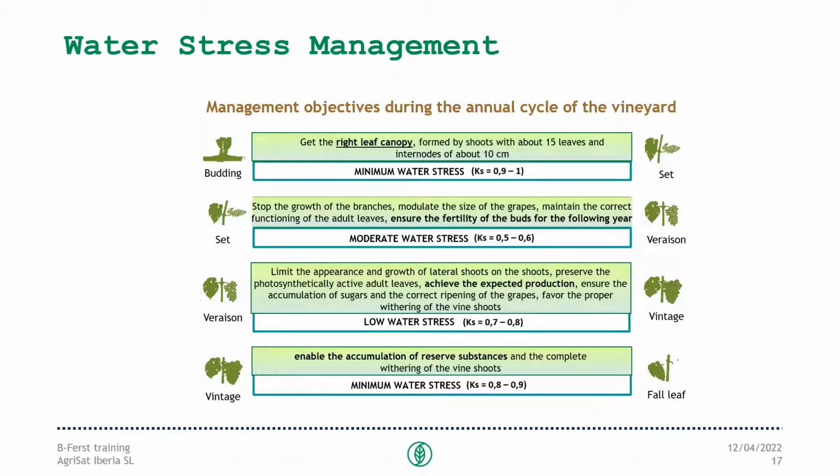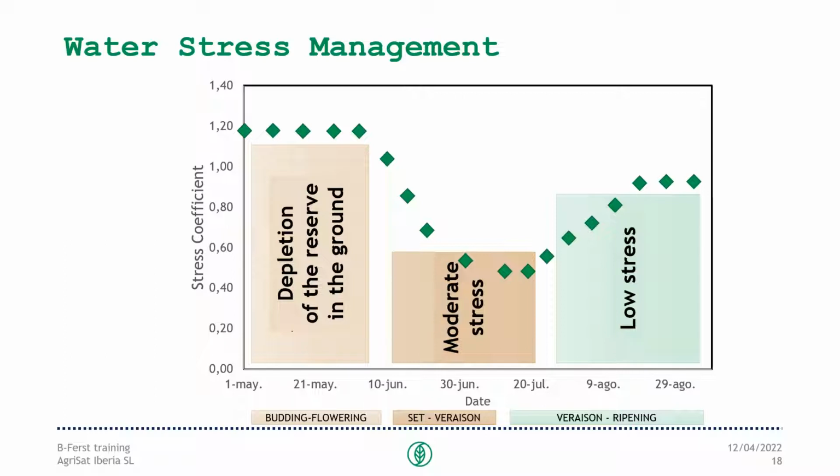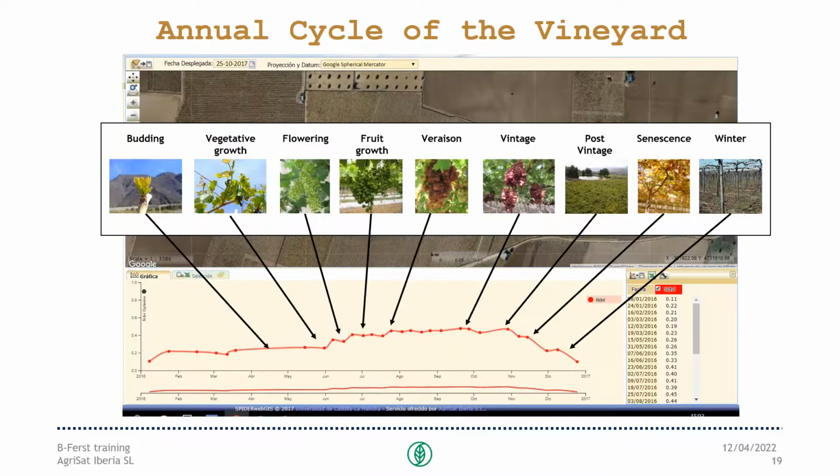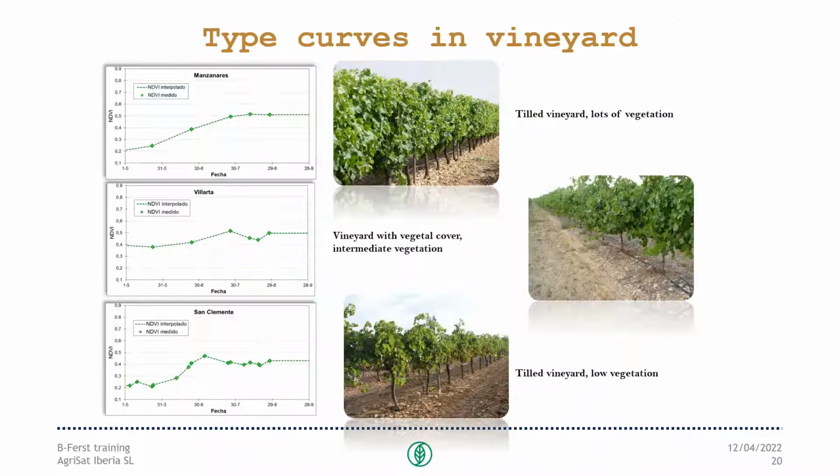Just adapting the stress coefficient to the stage of the crop, thanks to the fact that the NDVI evolution curve allows us to know the stage of the crop. The temporal evolution of the NDVI also allows us to characterize the structural differences of the binder in this example.